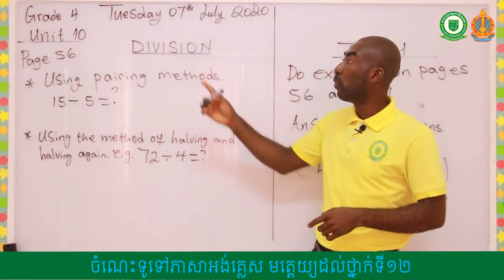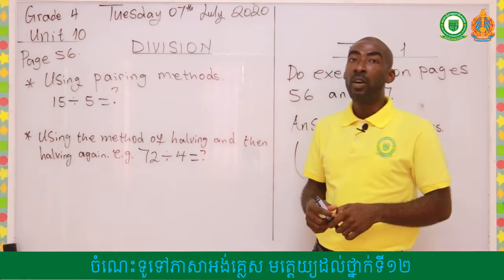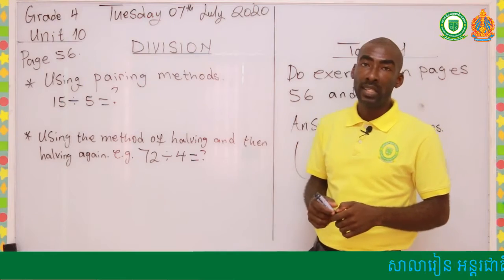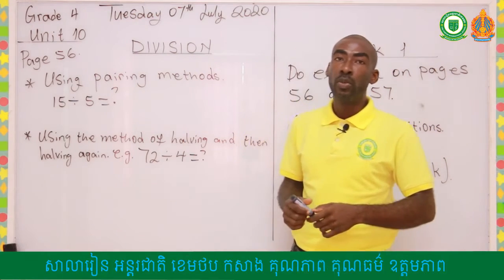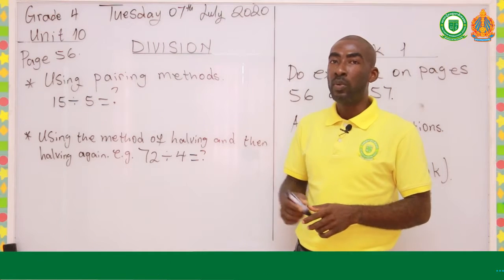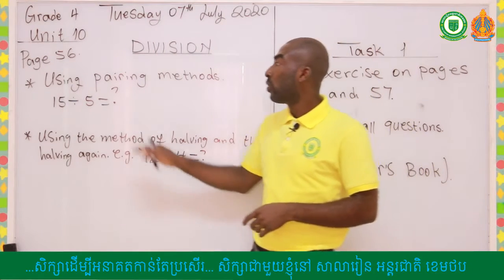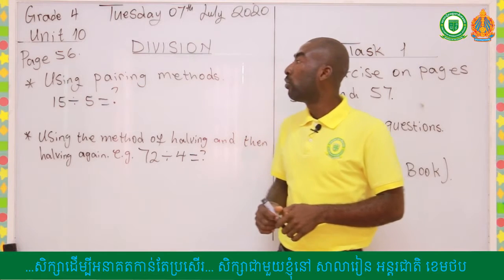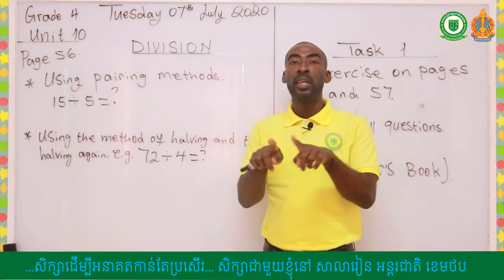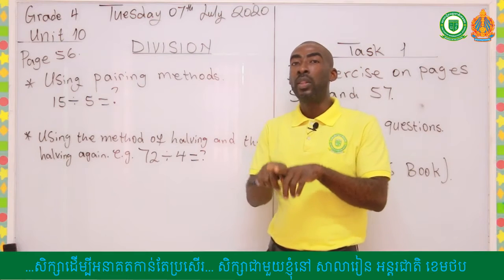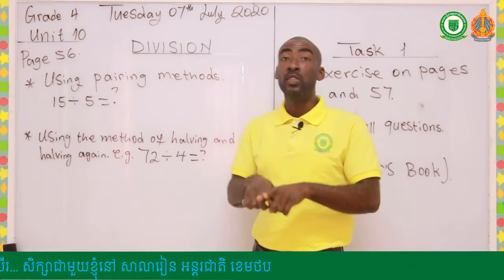So please, I want you to open to page 56 of your textbook, the learners section, and then you follow me as I explain, and also follow according to what we have in our book, okay? So the first example, we are going to use pairing. Whenever we say pairing, it means two things going together, or things that move together in twos.